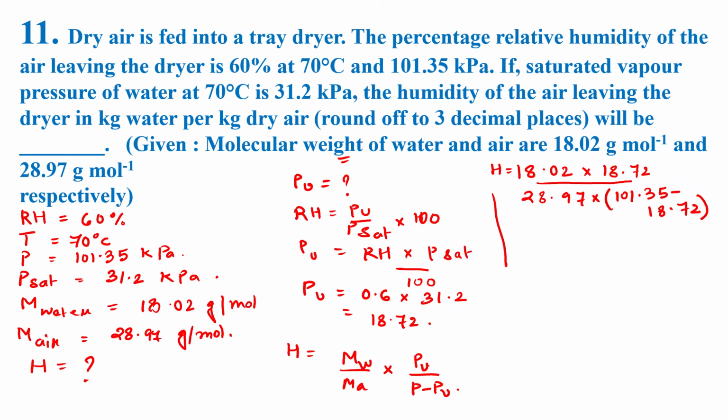Calculating it, we'll get 337.33 divided by 2394.6, which is equal to 0.141 kg water per kg dry air. This is my answer. So my answer is 0.141.